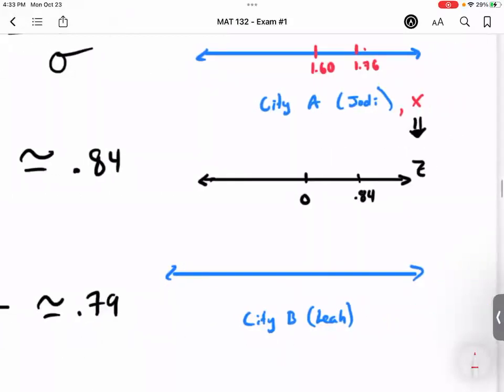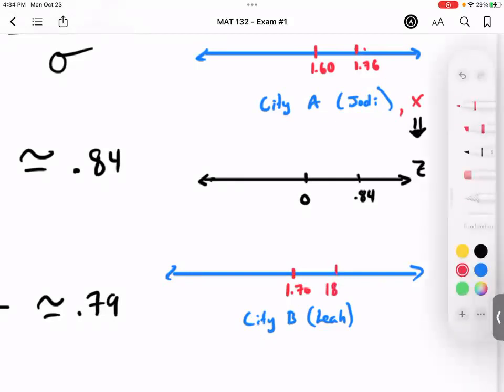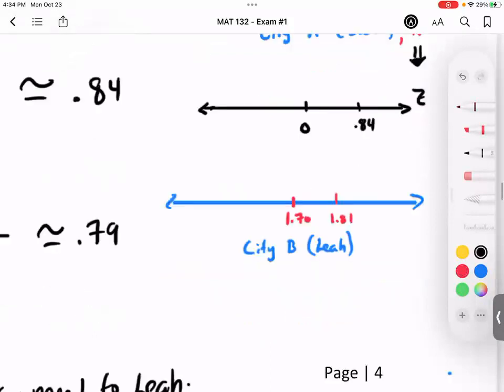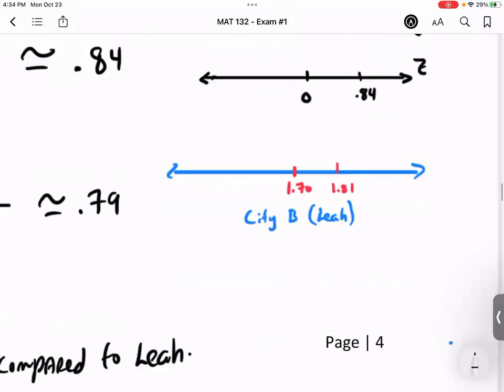So the average is located in the middle, and then for Leah, it was 1.81. Now when you convert this in terms of a z-score, the mean is still located at the center, so that's 0, but we have a new z value of 0.79.